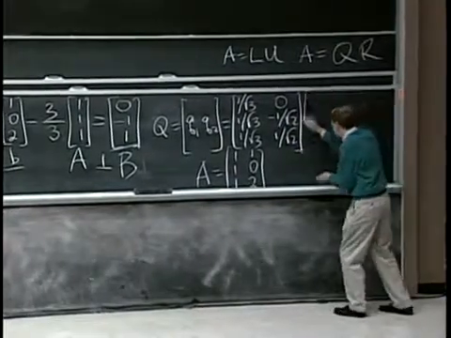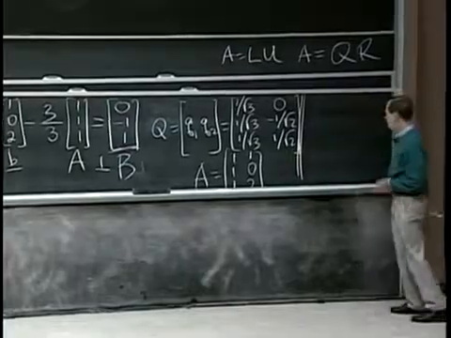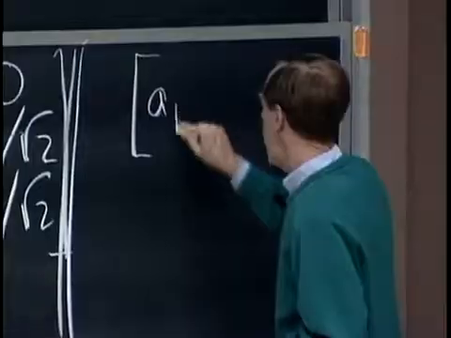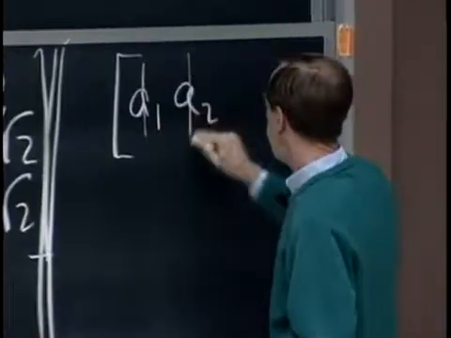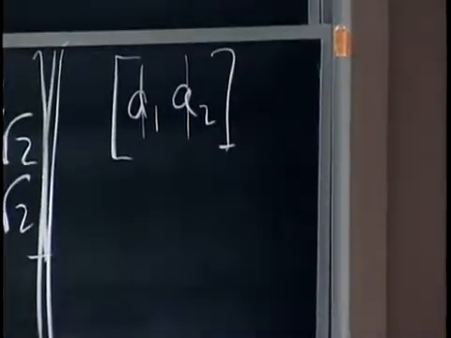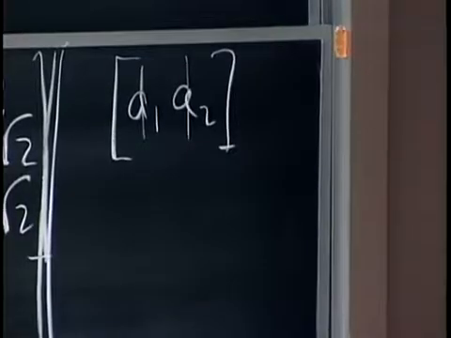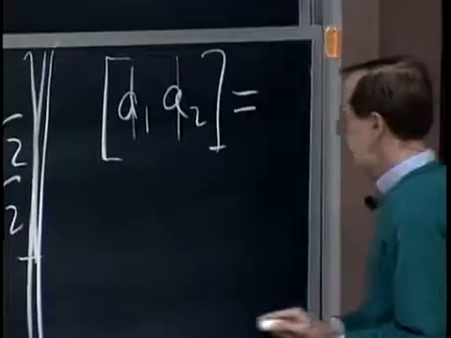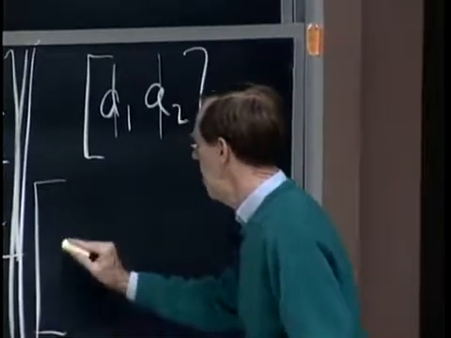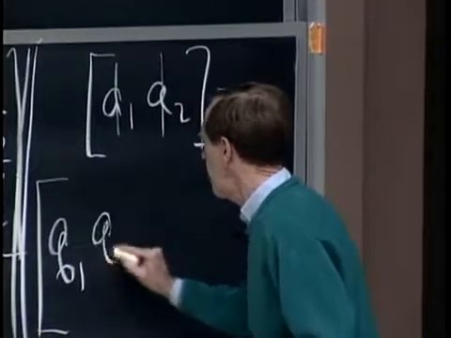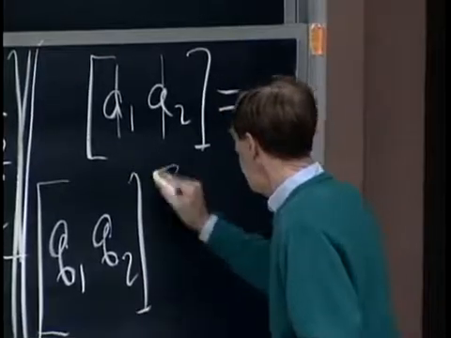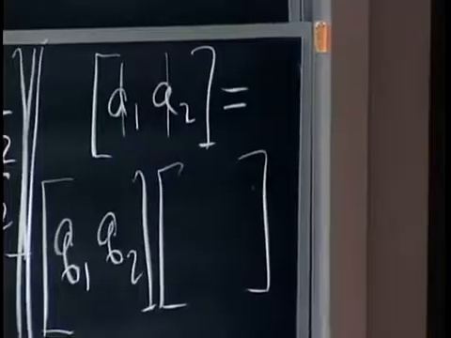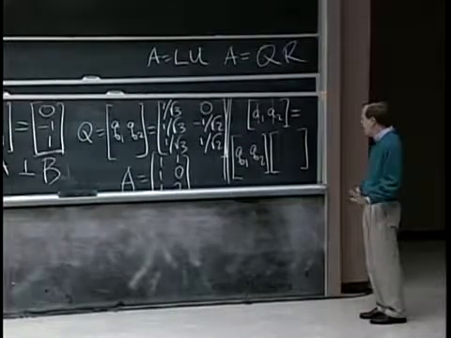Maybe I can squeeze it in here. So A has columns, let's say A1 and A2. Let me suppose n is 2, just two vectors. So that's some combination of Q1 and Q2 times some matrix R. They have the same column space.